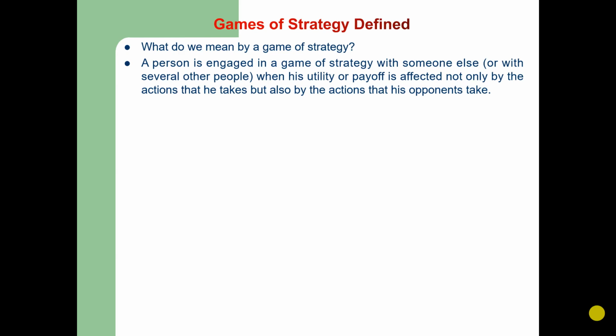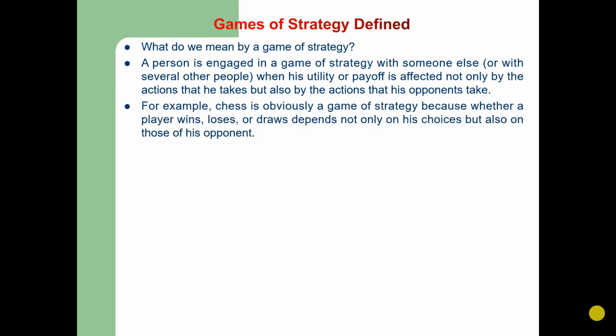So this is what we mean by a game of strategy. Two parties are involved and their strategic actions are interdependent, and then there are certain outcomes. For example, chess is obviously a game of strategy because whether a player wins, loses, or draws depends not only on his choices but also on those of his or her opponent.